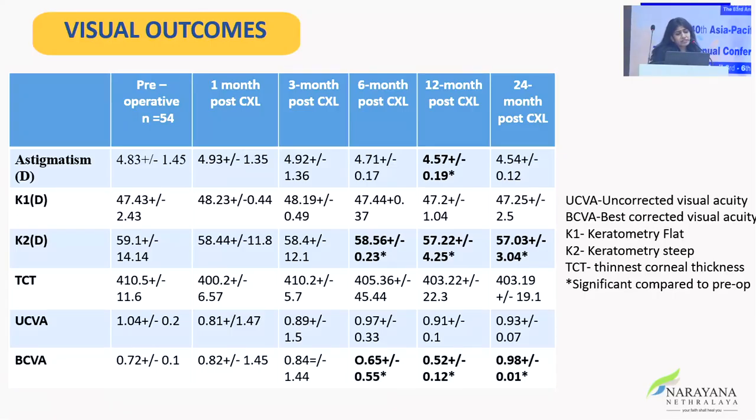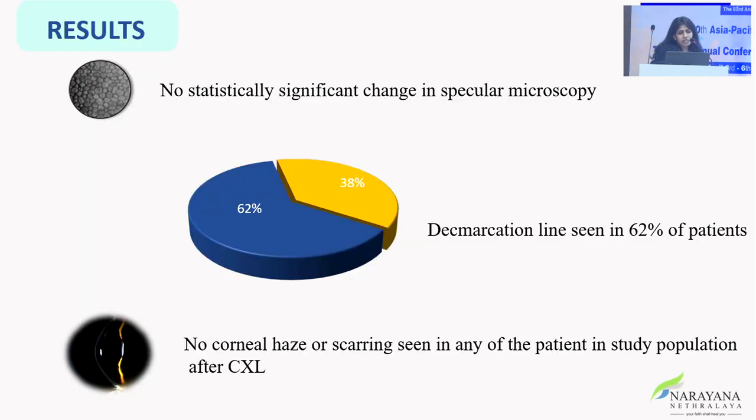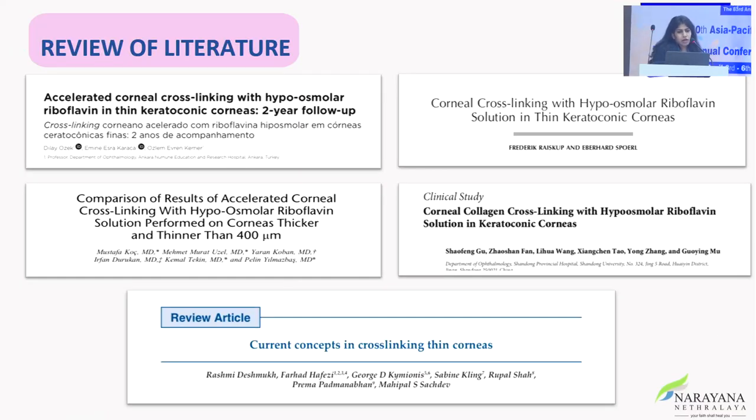This also led to a significant decrease in postoperative astigmatism. However, the thinnest corneal pachymetry showed no significant reduction. There was no statistically significant change in the specular microscopy, and a demarcation line was seen in 62% of patients in our study population. No corneal haze or scarring was seen in any of the patients after corneal collagen cross-linking.